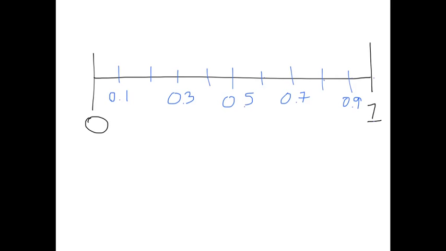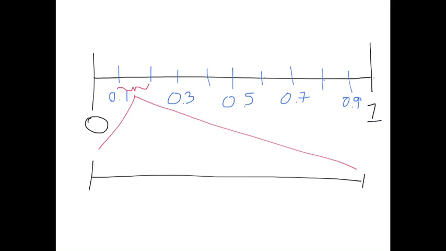Now what happens if we just look at this tiny piece? We get a number line that looks like this. 0.1 and 0.2.